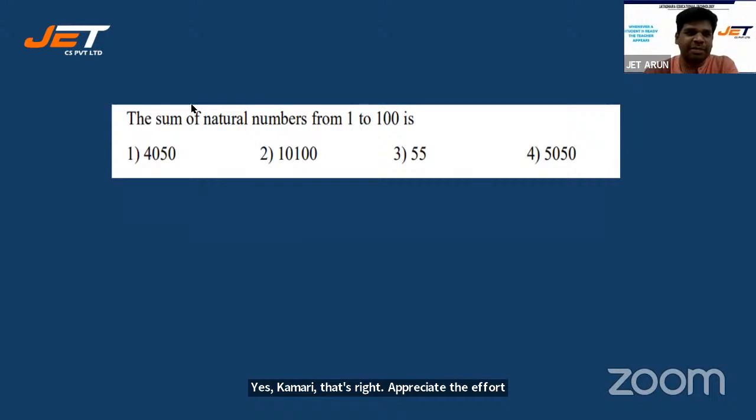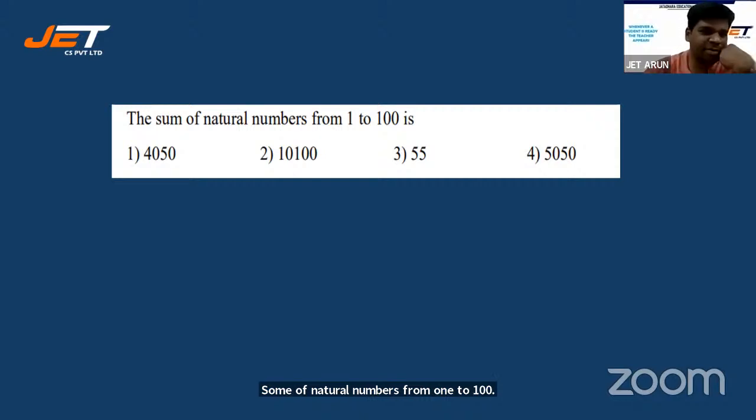All right, here. The sum of natural numbers from 1 to 100 is 4050, 10,100, 55, 5050. Sum of natural numbers from 1 to 100. Riya is right.